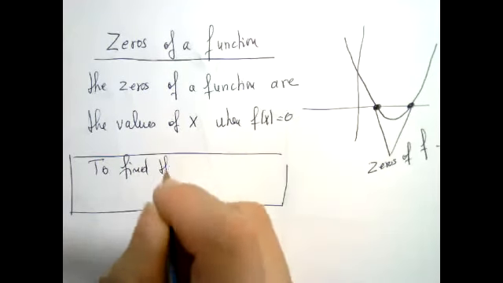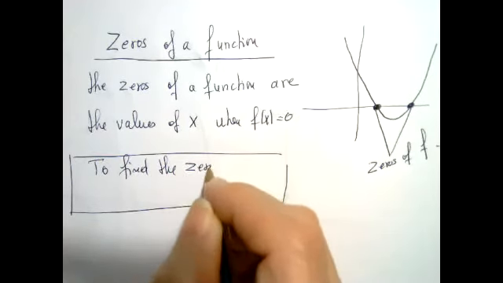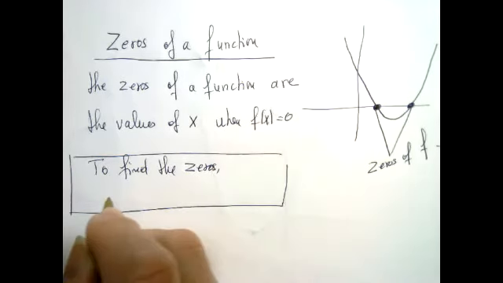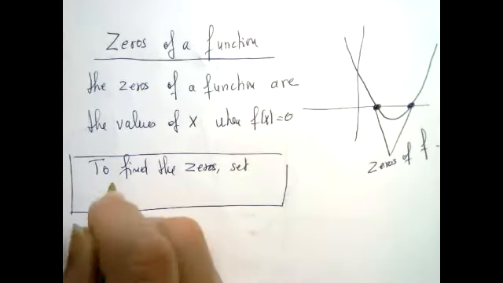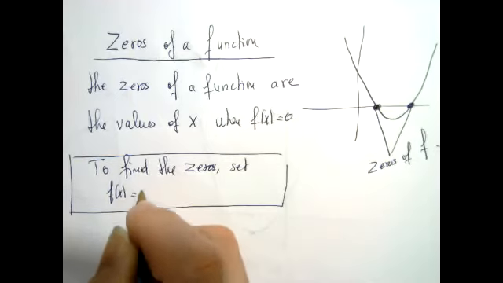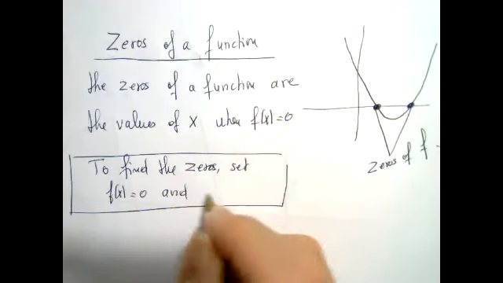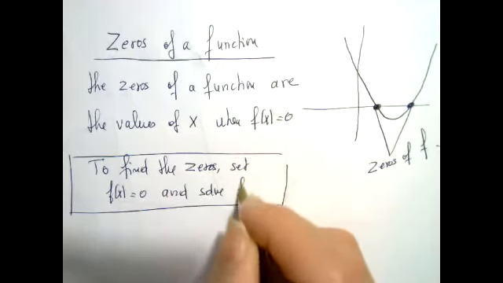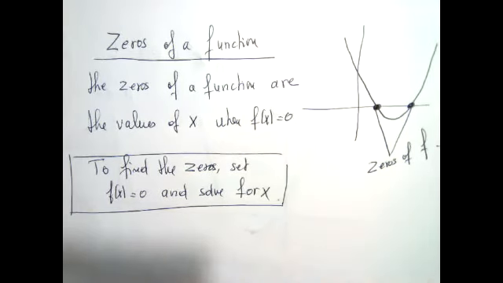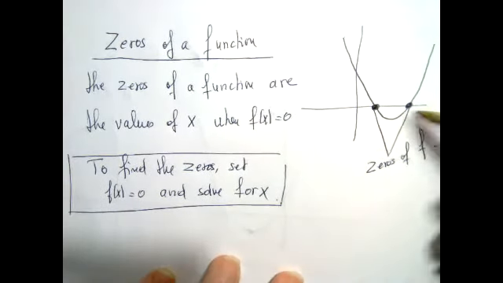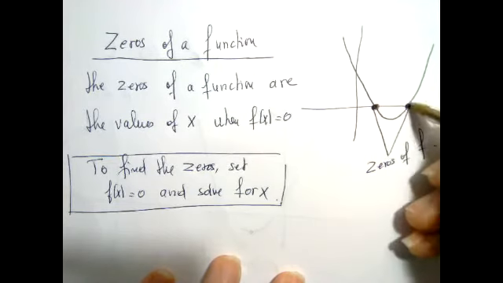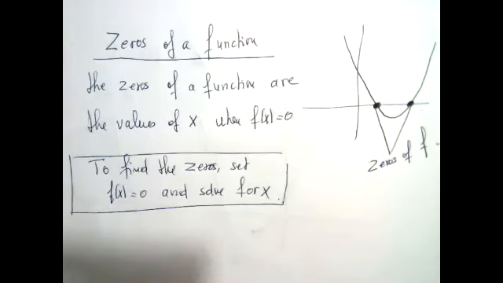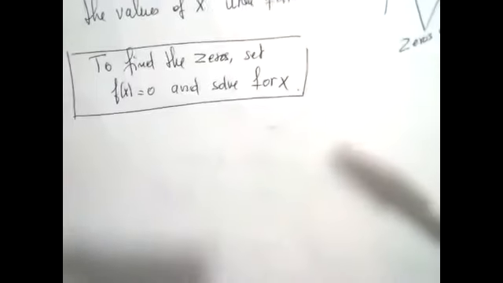To find the zeros, set f of x equal to 0 and solve for x. Right? So that's really the idea. It's just a sophisticated word for not a new idea. It means we are asking about those values. Okay, so let me take two small examples.